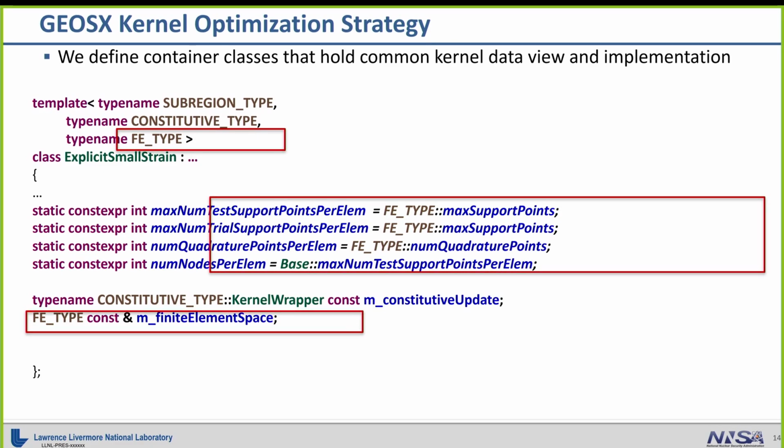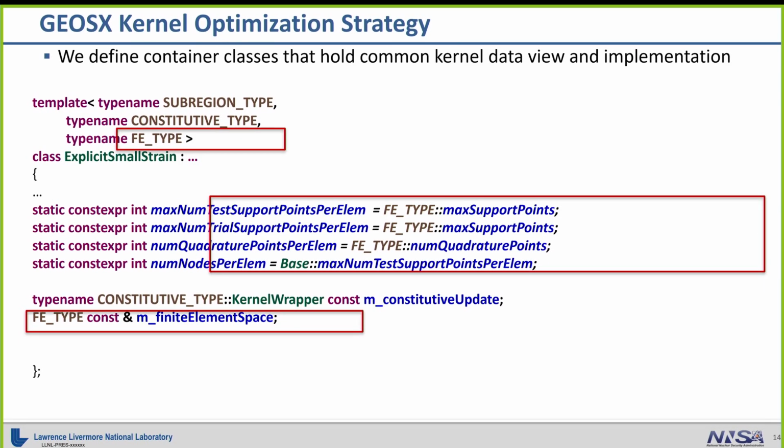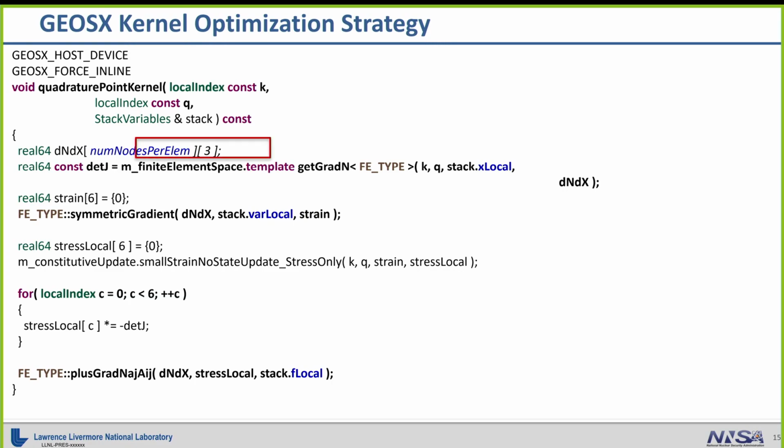Also finite element type, so this is the number of degrees of freedom, number of nodes, and what the finite element operations are in reality. Within this, there would be an actual kernel update where you would know the size of any temporary arrays you needed, so your stack data is known at compile time.